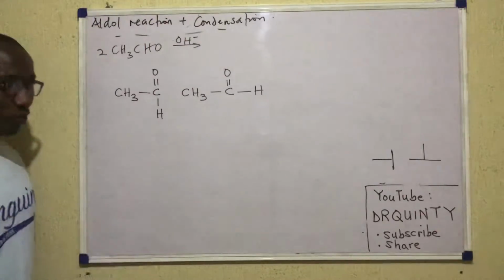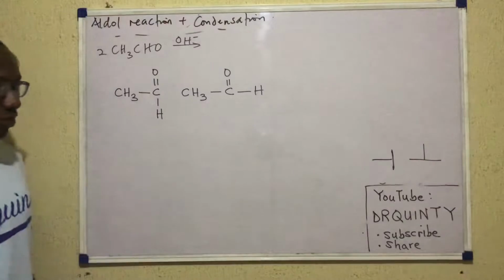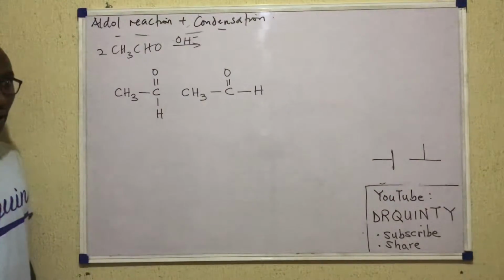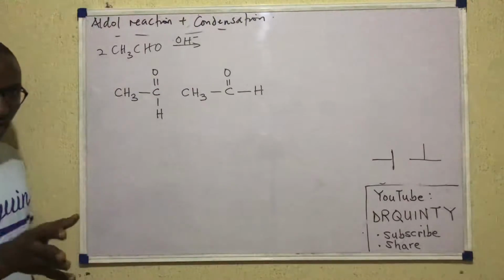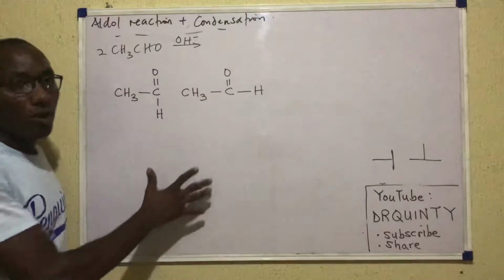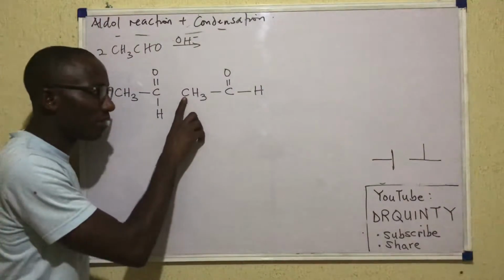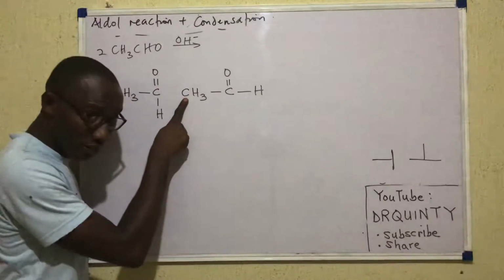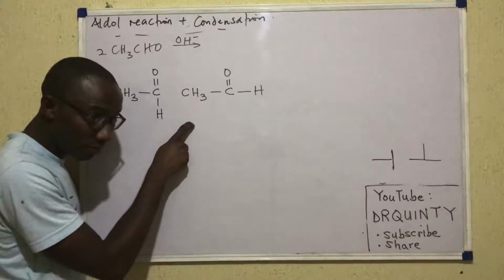Having written the 2 of them, with one looking like this and the other one looking like that with respect to the oxygen, the next things I'm going to do, please just watch, it's a very simple process. For the molecule on the right, I will locate the alpha carbon, which is this, then pick one hydrogen from it.